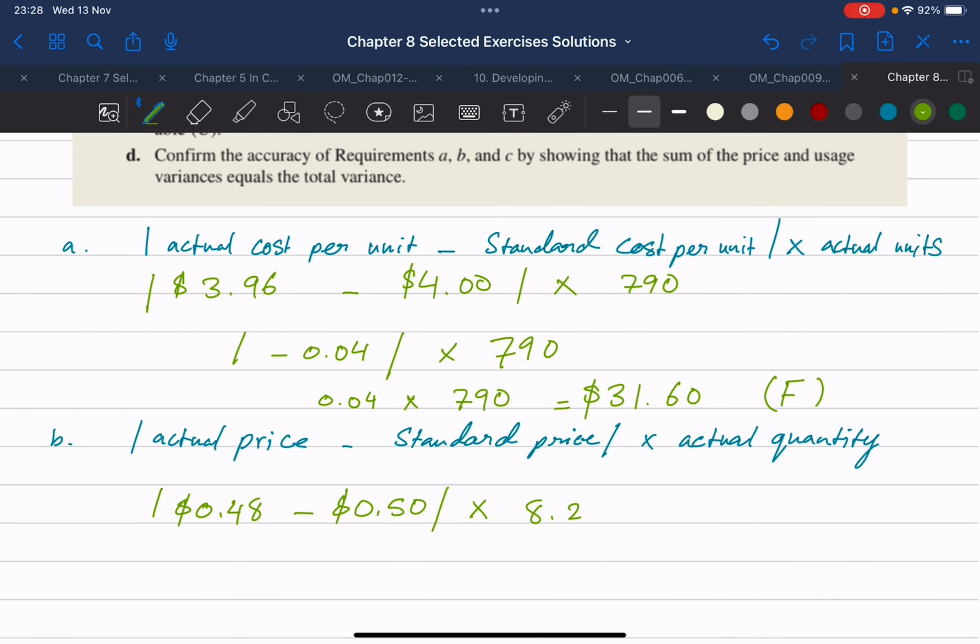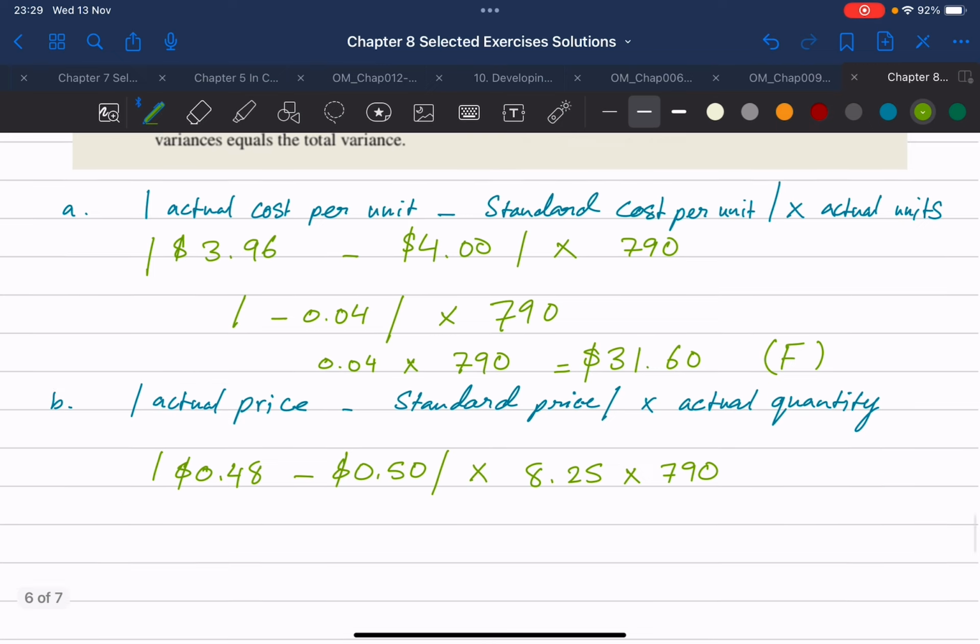So 8.25 multiplied by the actual quantity of arrangements, which was 790 arrangements. Okay.